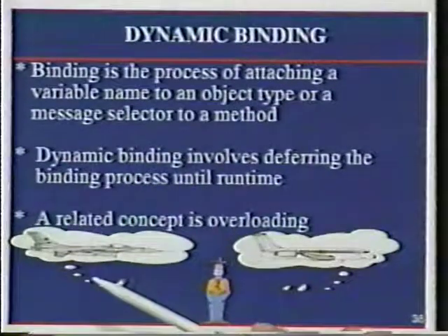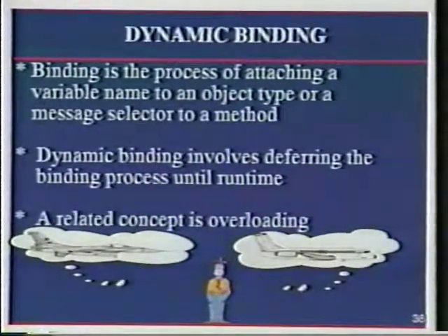A related concept to dynamic binding is the process of overloading. We have not discussed overloading so far, but in some languages the operators could be overloaded. For example, you might have an operator like plus. Now, plus takes two arguments on either side, let us say 5 plus 4.